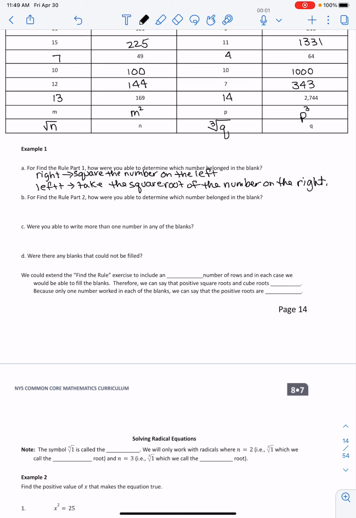For rule part 2, it says, how are you able to determine which number belonged in the blank? On the right, we cube the number on the left.